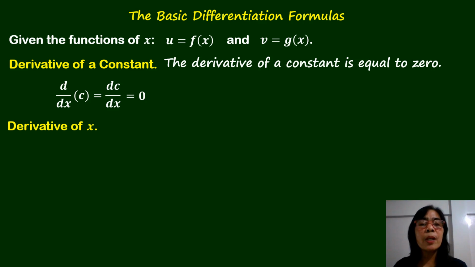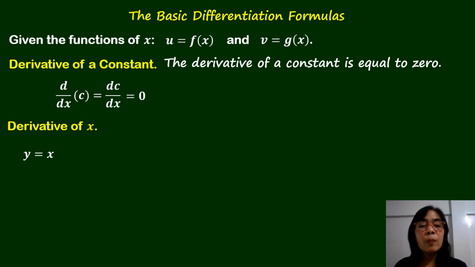The next formula is the derivative of x. Again, going back in our analytic geometry, y is equal to x will give us a straight line. The graph of y is equal to x is a line inclined upward to the right, such that the ratio of the change of vertical to the change of horizontal is equal to 1.